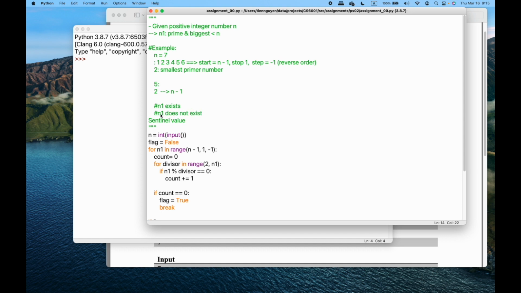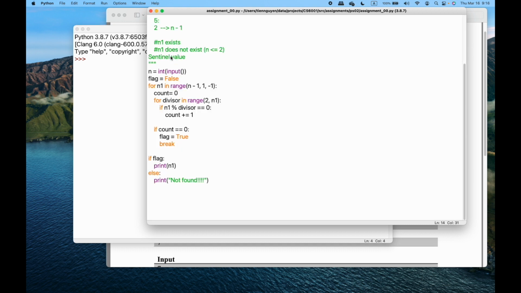So what happens when n1 does not exist? You can think of the circumstance of the number 2. Number 2 is the smallest prime, so you cannot find any prime number smaller than 2. So if n is smaller than or equal to 2, n1 does not exist. In this case, we want to inform the user that we cannot find any n1 satisfying the condition.